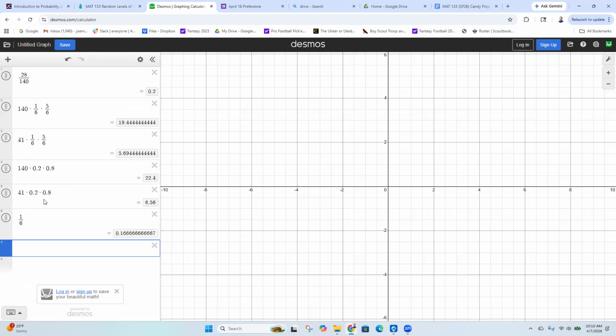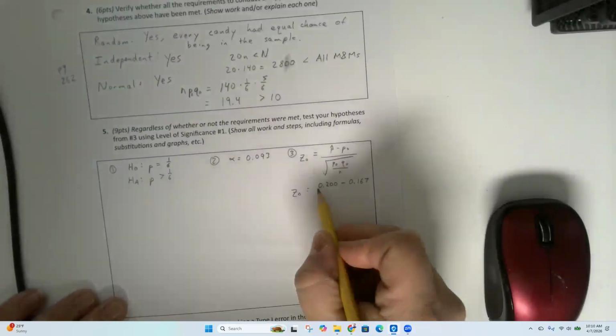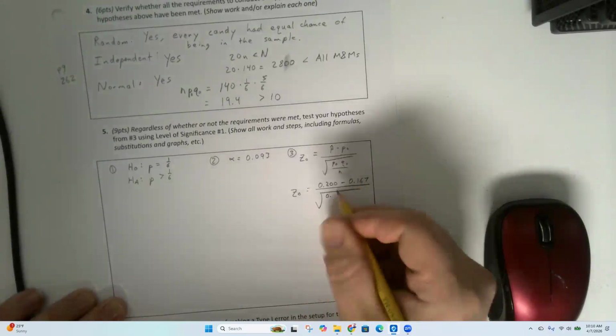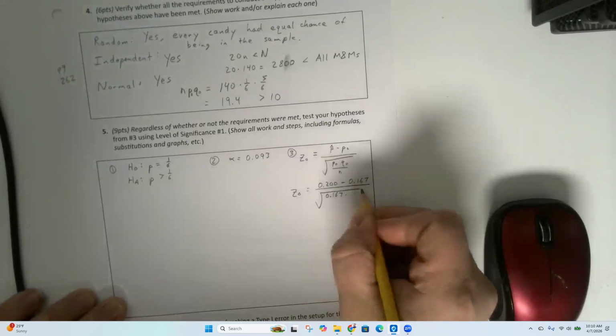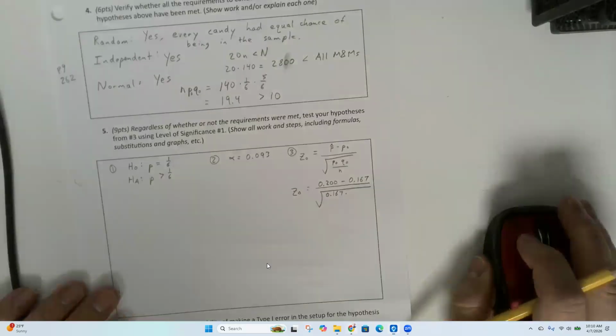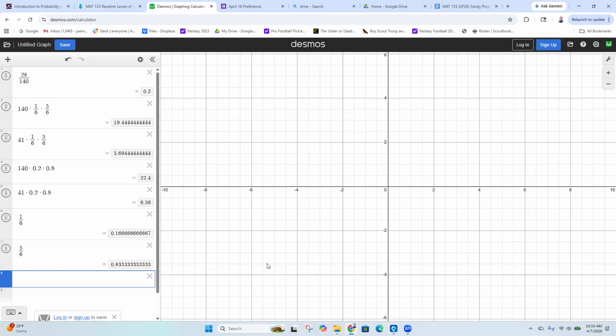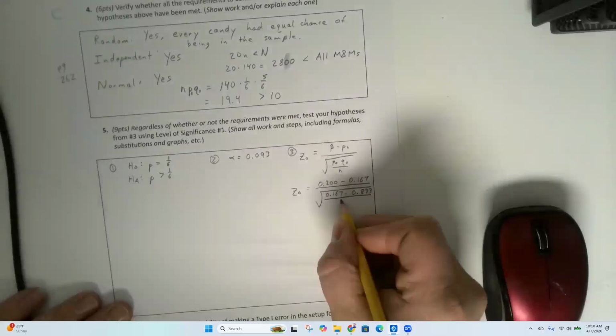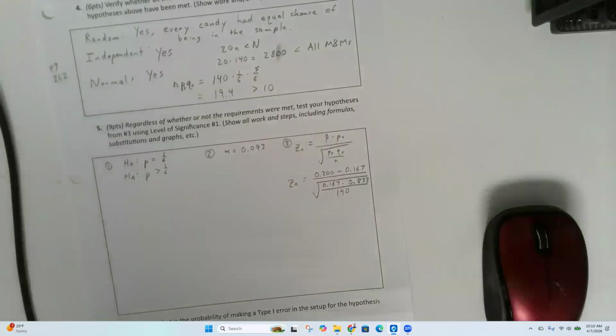Okay, so that's how I'm going to write it. Hopefully everybody's okay with that. Square root of my P0, we said that a second ago, 0.167. My Q0 then is going to be 0.833. And my N was 41. Yours will be something else.